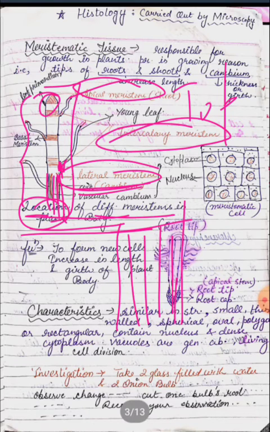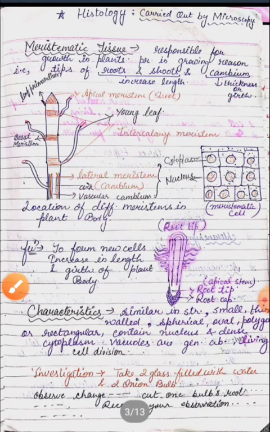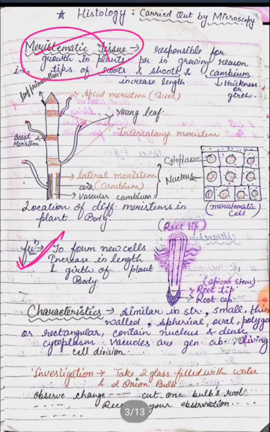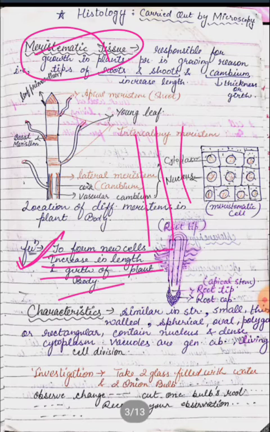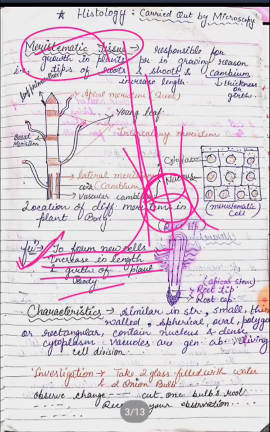Here we will understand the main functions of the meristematic tissue: to form new cells and increase the length and girth of the plant, that is, height and width. It is due to the meristematic tissues.